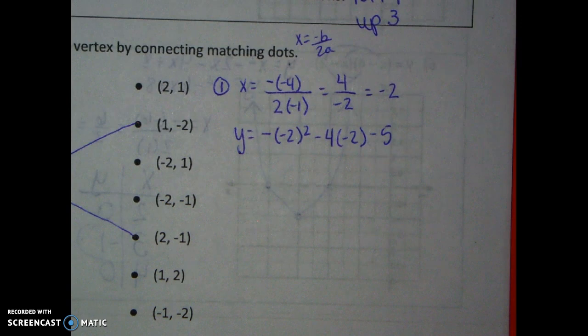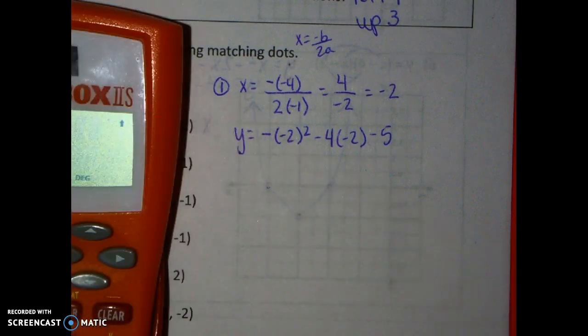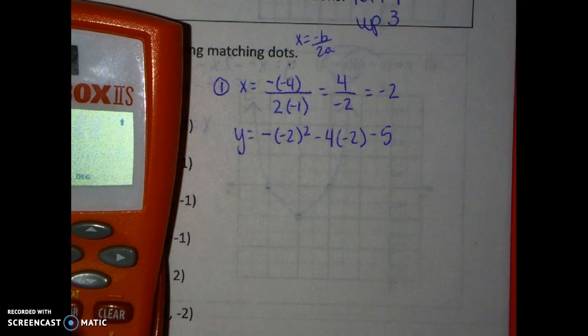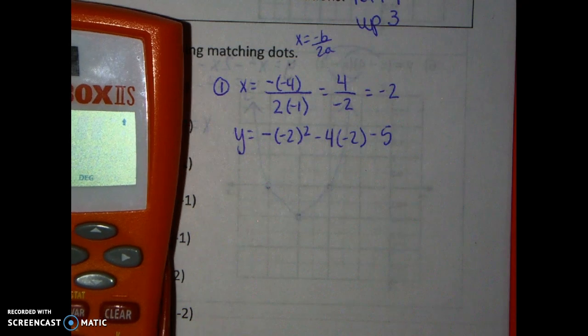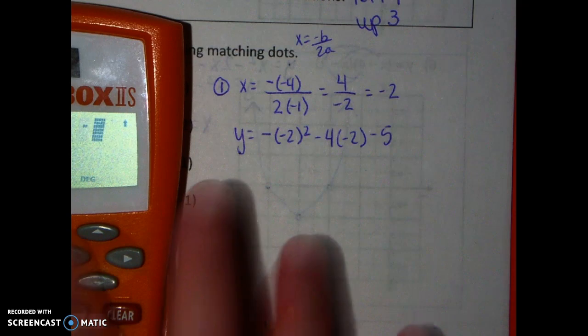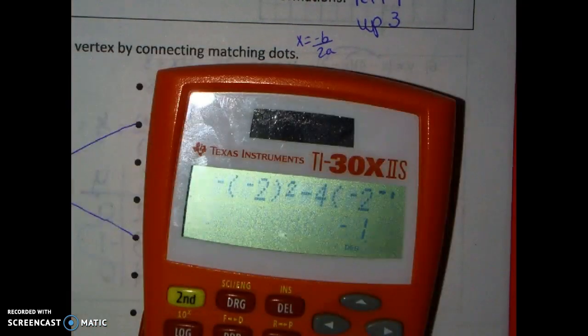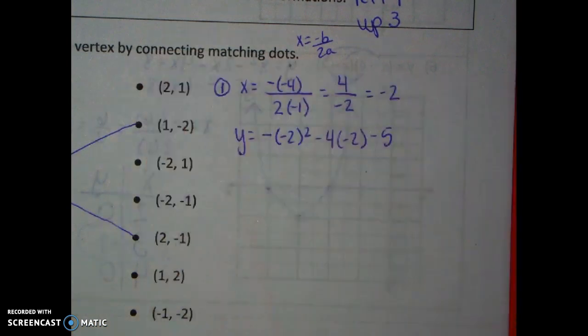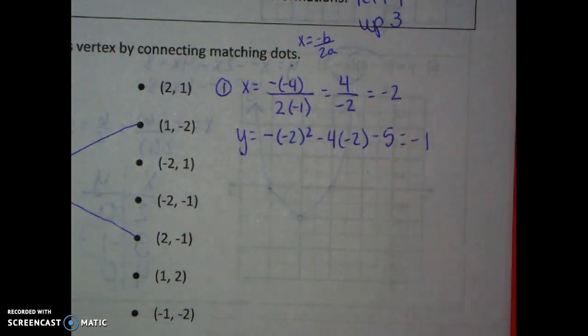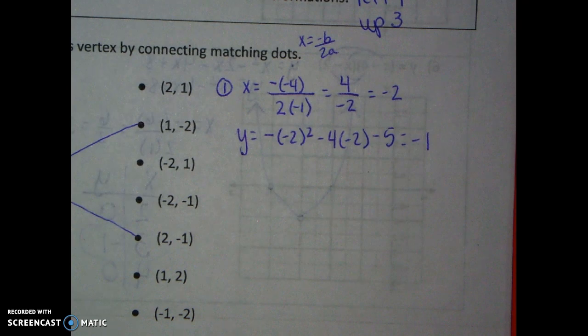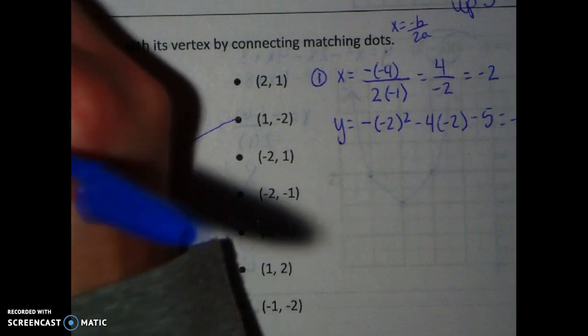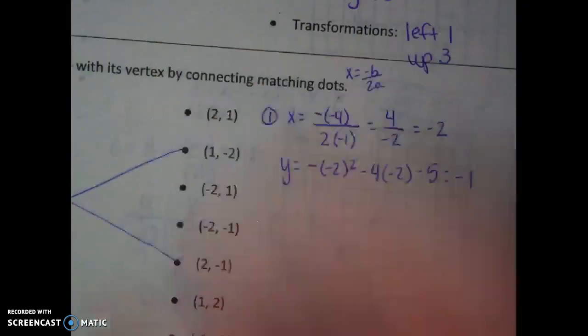Okay, so on my calculator, if I do that, I get negative 1. Okay, so the vertex for this first one is going to be negative 2, negative 1. And that is right here.